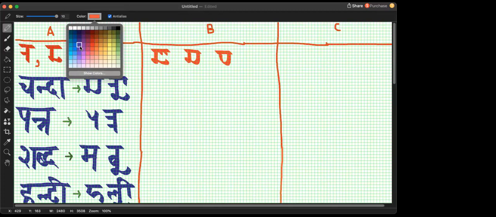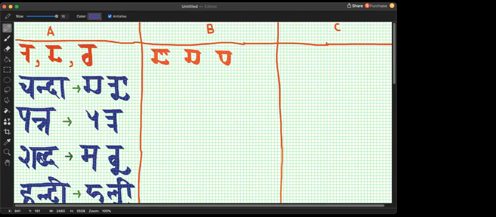Okay. See here, 1, 2, and 3 for this j, and for ch it is touching two times, and for dh also two times.